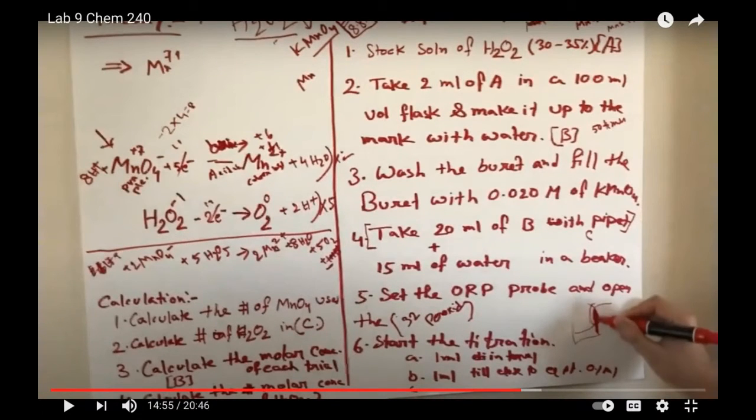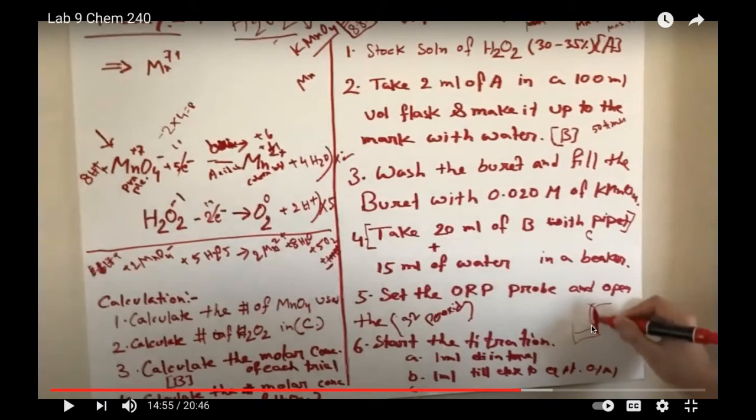Then in the second titration, until 20 ml you can go even 5 ml apart, that's fine. But after 20 ml you should go 0.1 ml at a time, that means 2 drops. Each 2 drops you have to take the measurement, so that you know exactly at what point the equivalence point is coming.